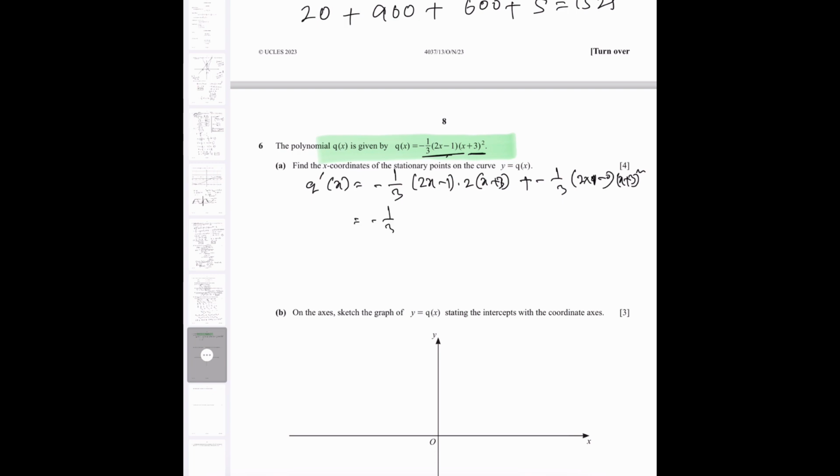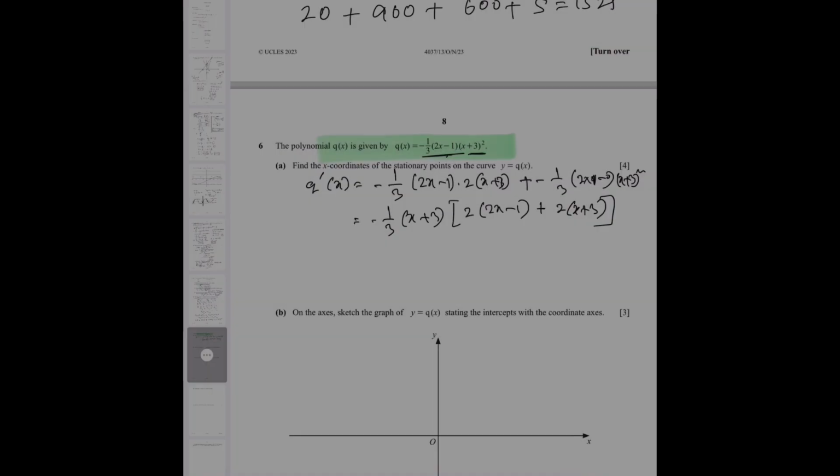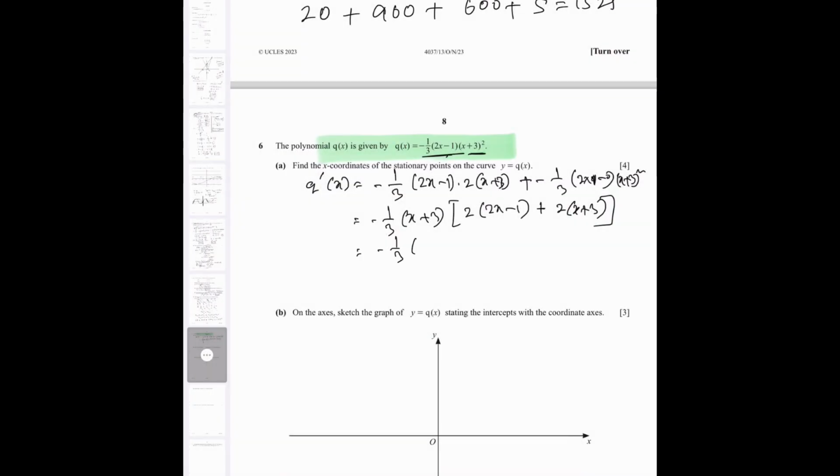So minus 1 by 3 is common and (x plus 3) is common, so finally it becomes minus 1 by 3 (x plus 3) times (4x minus 2 plus 2x plus 6), so minus 1 by 3 (x plus 3)(6x plus 4).